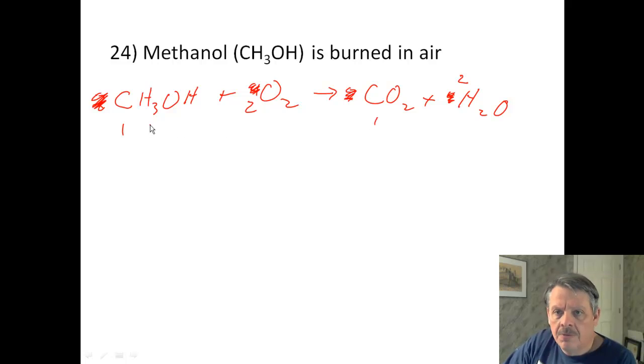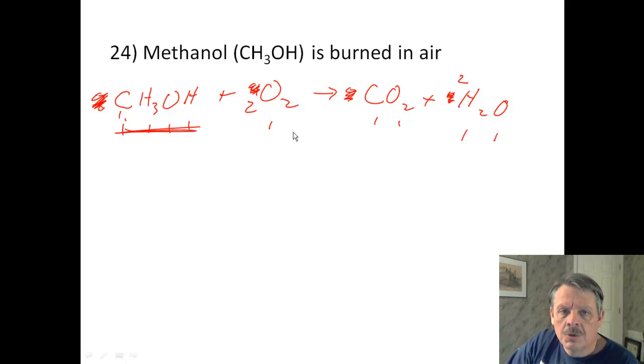We have 4 hydrogens, 2 there, 2 there, that's a total of 4 hydrogens. That's good. And we have 1, that's 5 oxygens. We have 2, we have 4. That does not work. All right, so we're still not right. Let's try balancing again. I've made a mistake.